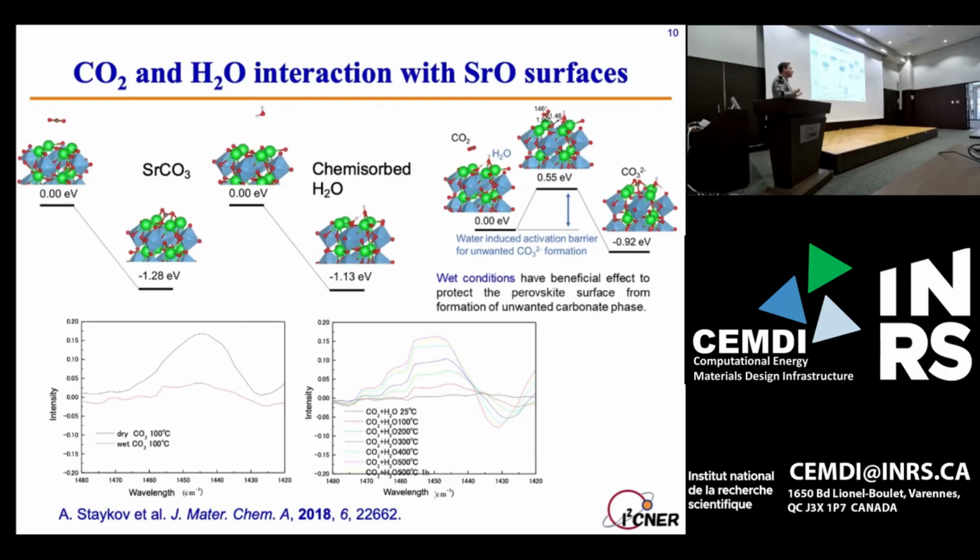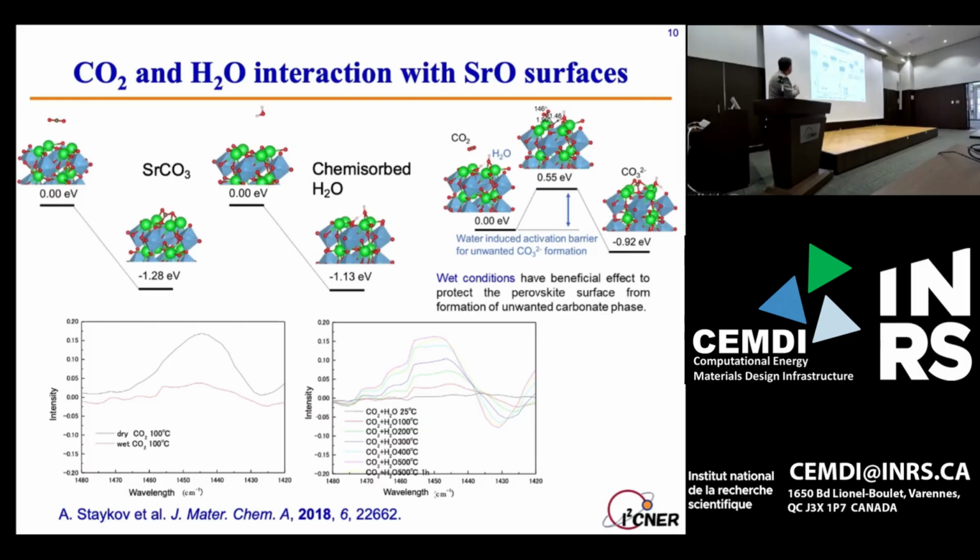And we looked at what is the difference between the atmosphere in Japan and New Mexico. And well, Japanese summer is very humid. So air in Japan is mostly water in the summer, while the New Mexico weather is very dry, so there is no water. CO2, however, is constant around the world. So what we looked at was CO2 competition against water competition for adsorption on the surface.